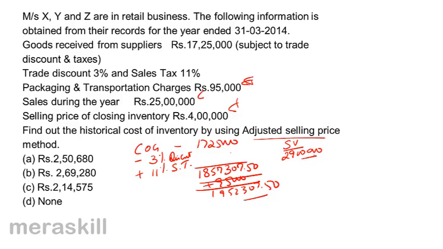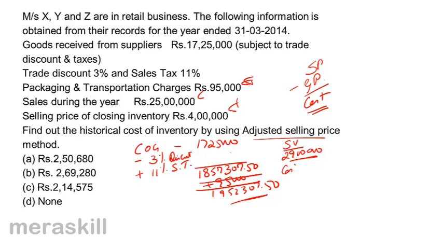Cost so much, sale value so much. Therefore, what do we do under the adjusted selling price method? We take the selling price less expected gross profit and arrive at the historical cost. So we adjust the selling price and arrive at the cost for valuation of inventory. Here also we will do the same. This is the cost, this is the sales value, and we want to find the cost of 4 lakh.